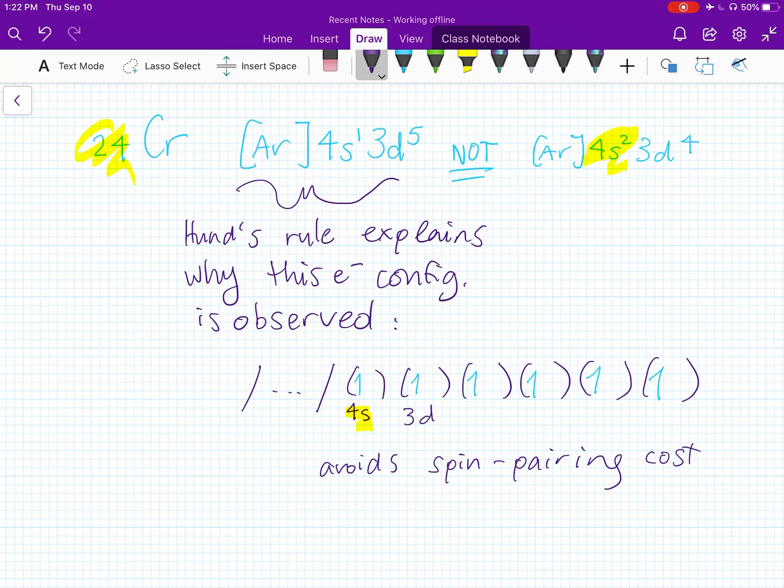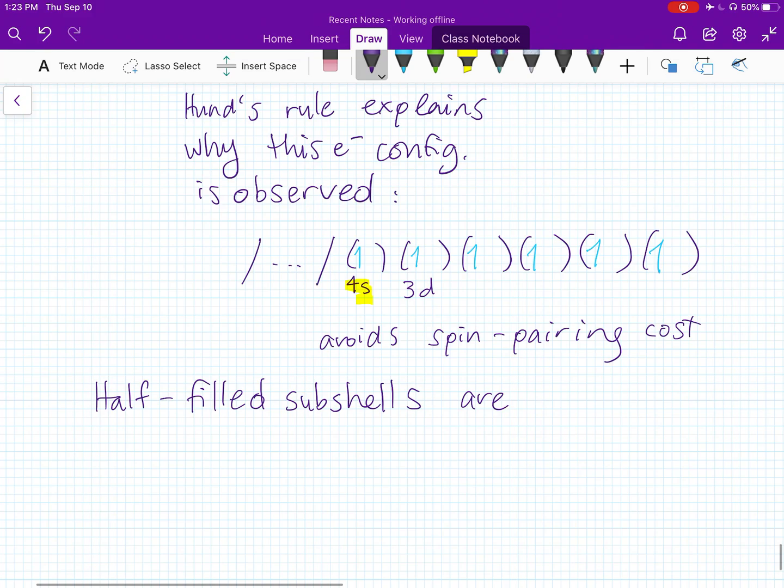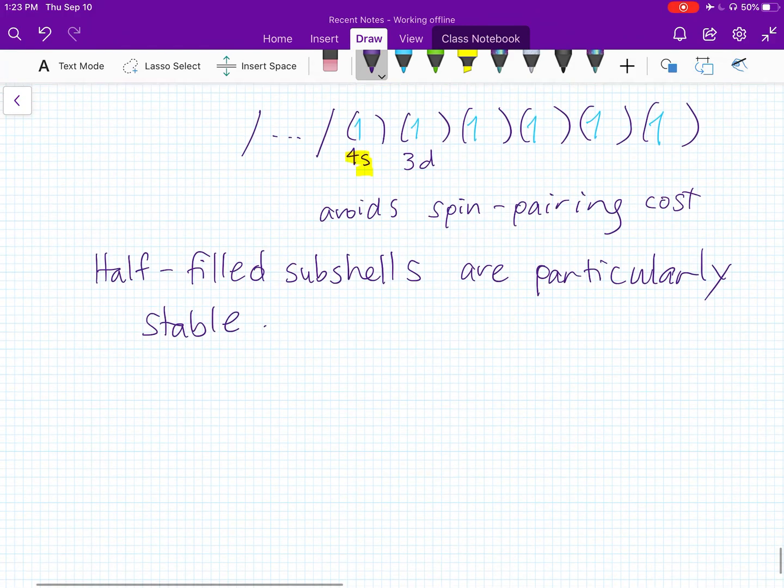Okay, so half-filled subshells are going to be particularly stable. And you actually see other examples of this in elements from the periodic table. So it's kind of a theme that you see again and again, that half-filled subshells are kind of special. They have special stability. So here's just another example.